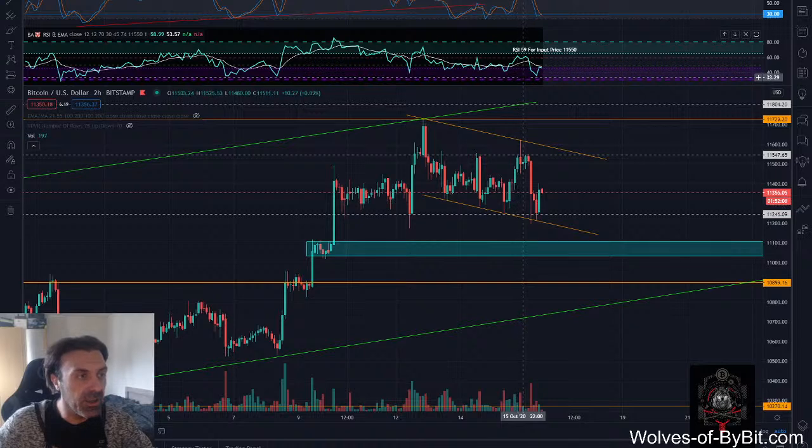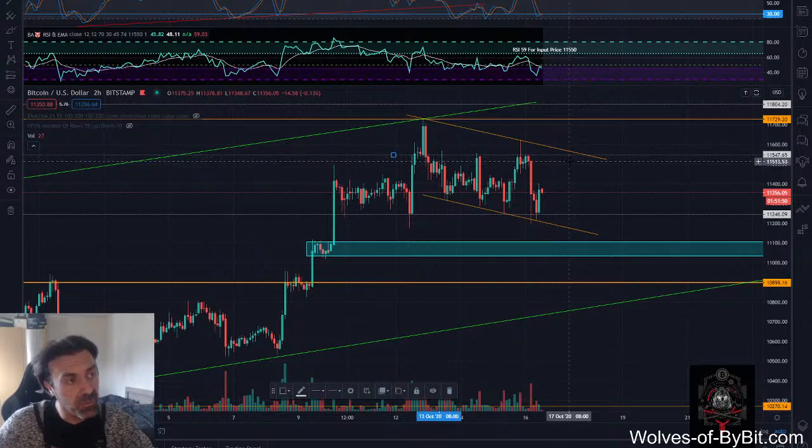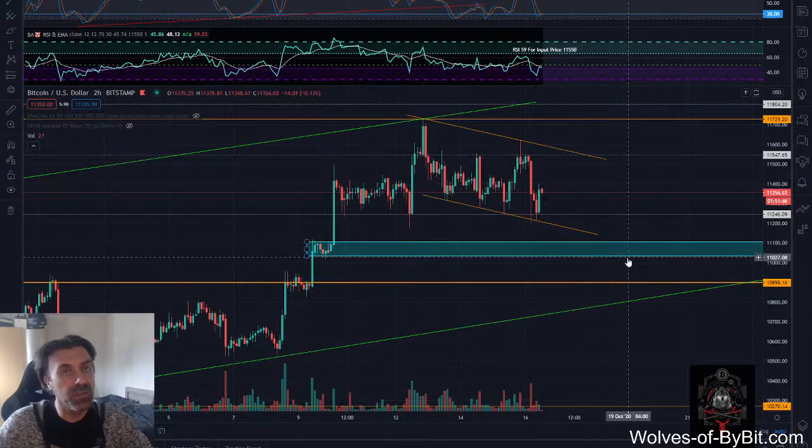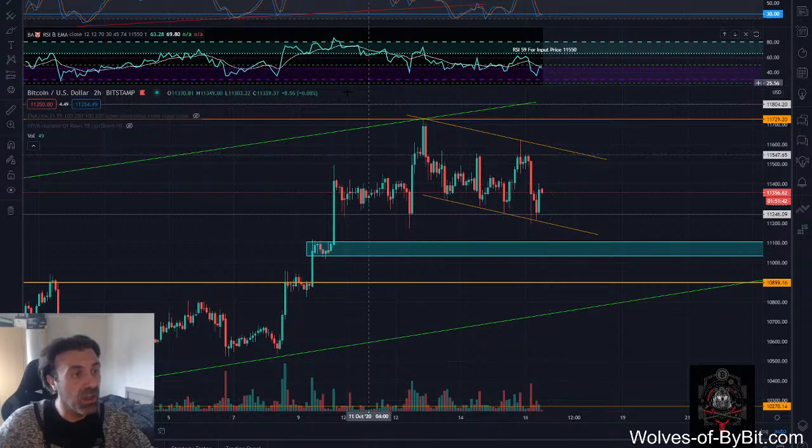The high here is 61.80, 61.25. So basically, if we bounce off of this area and we don't manage to break it, we're gonna be seeing a little bit more downtrend. But on the other hand, it's just like splitting hairs.